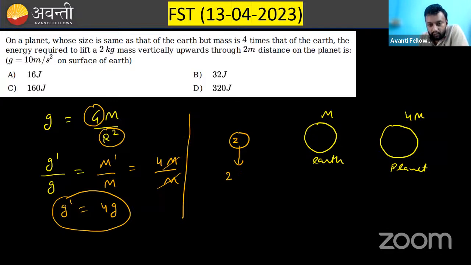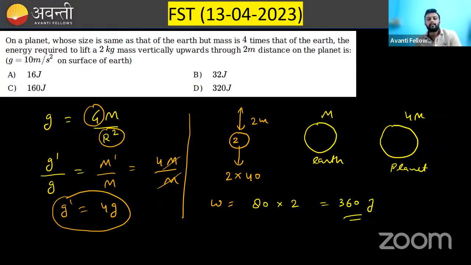So that will be 2 into 40. And it is being displaced by what distance? 2 meter. So work done or energy required will be force into displacement. Force required should be 80. Displacement is 2.